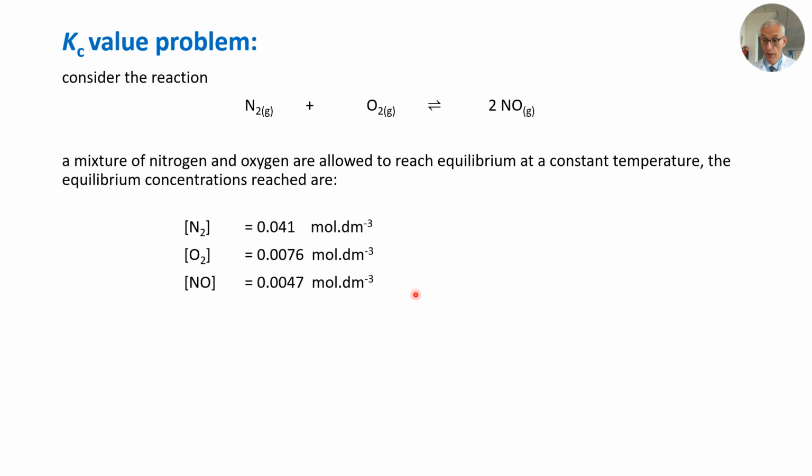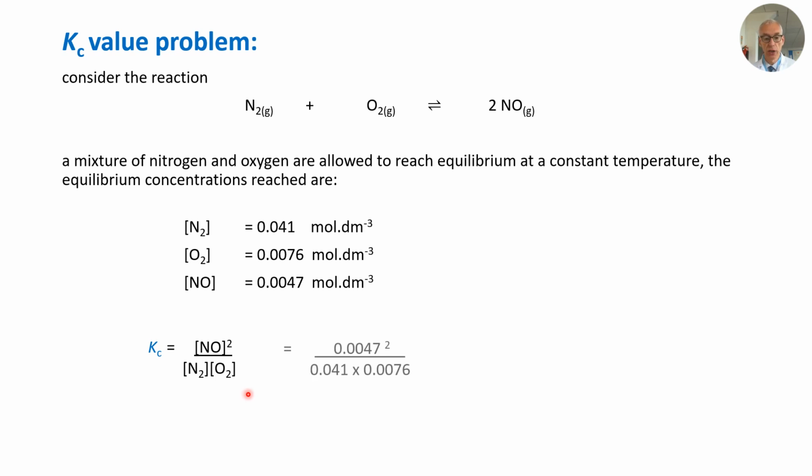Okay, so I'm going to reveal first of all the equilibrium constant expression. 2 nitrogen(II) oxide, so NO, concentration of NO squared, divided by concentration of nitrogen, concentration of oxygen. So there is our equilibrium constant expression.